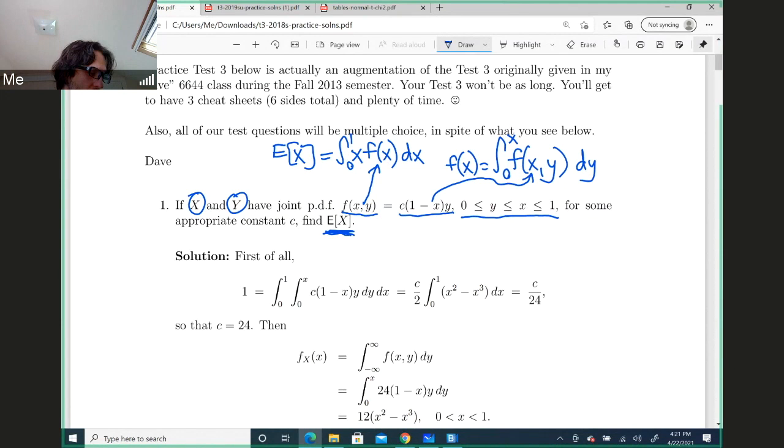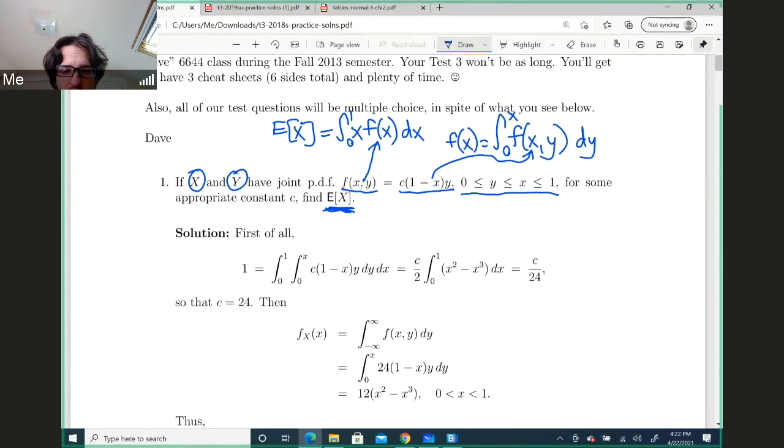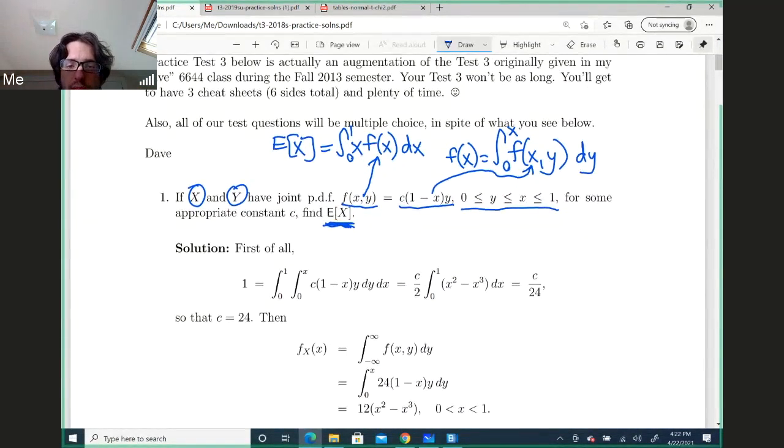Well, there's a couple different ways you can go about doing this, but basically there's a universal truth that this joint probability distribution, if you integrate it over all values of x and all values of y, you have to get 1, which represents 100% of the probability distribution. And so that's sort of what they're doing here.